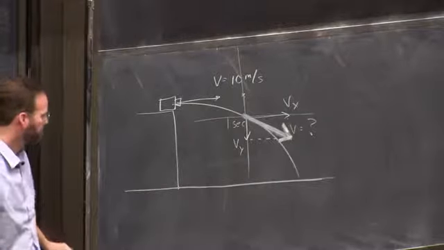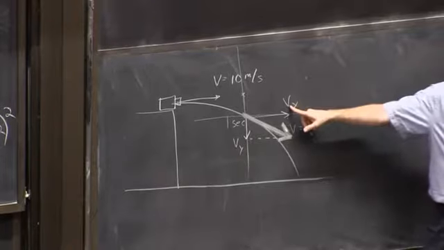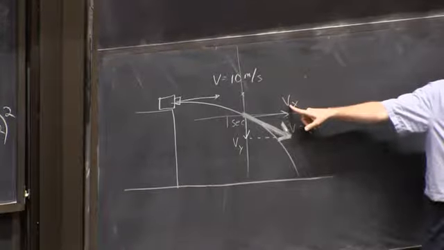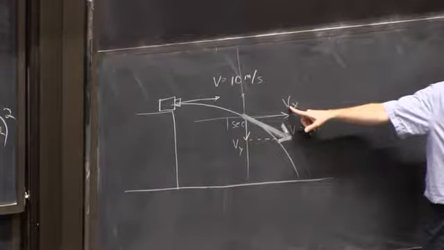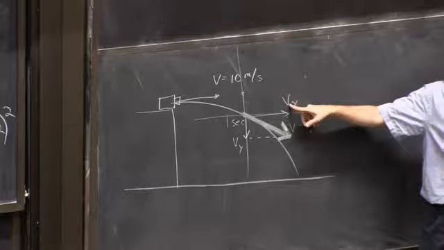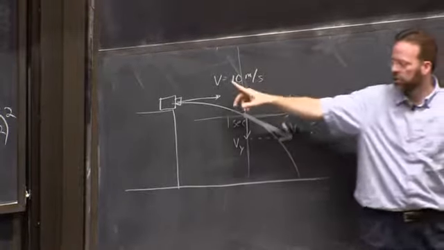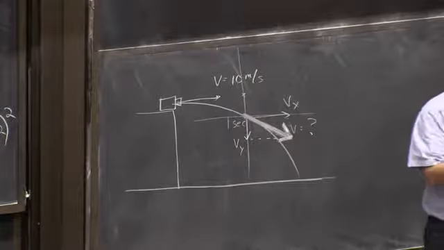So help me out. What do you think its horizontal velocity is over here? 10. It shouldn't change because there's no force acting on it horizontally. So it's still 10, or in real life slightly less because of air resistance.